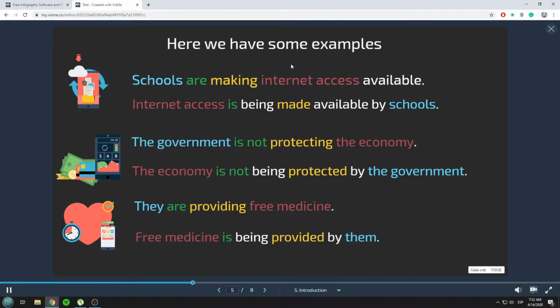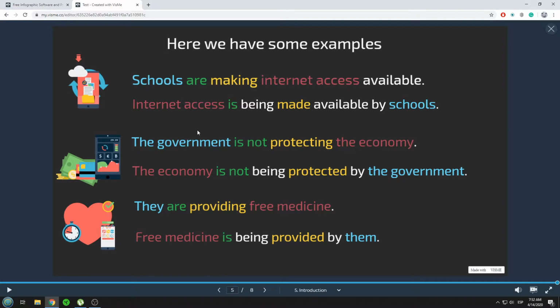As usual, we identify the object of the active sentence, which will become the subject in the passive sentence: internet access is being made, which is the past participle of the verb, available by schools.